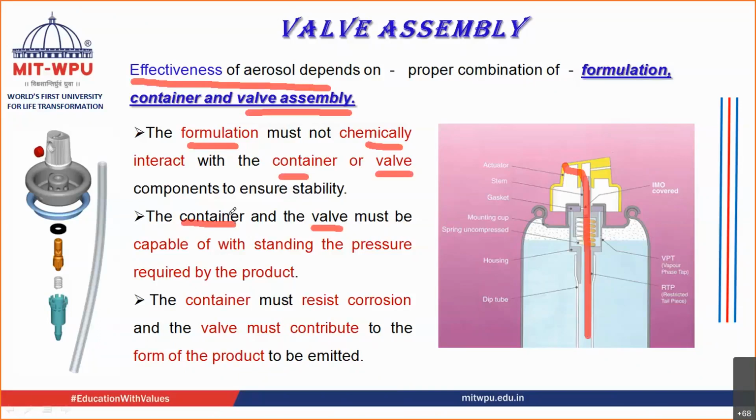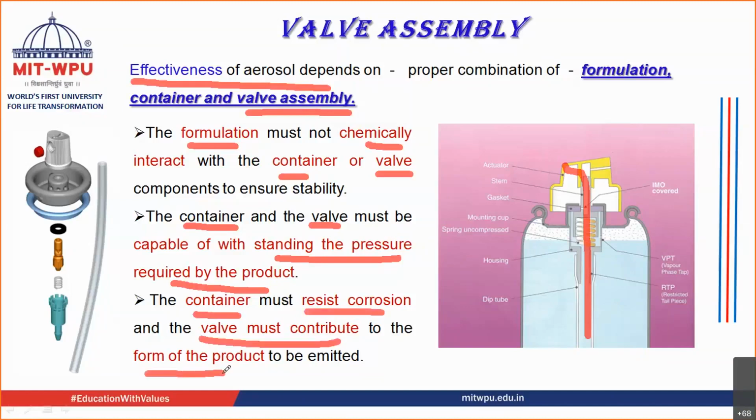You want this valve to withstand the pressure that is present inside it. And secondly, you don't want the container to get eroded by corrosion, or you want the valve to contribute in the form of the product.